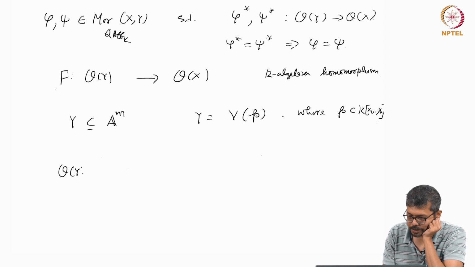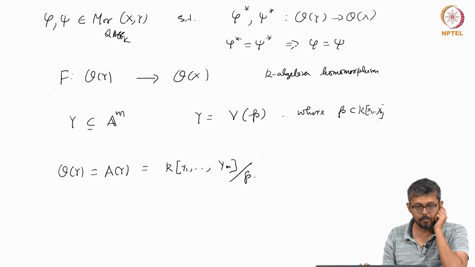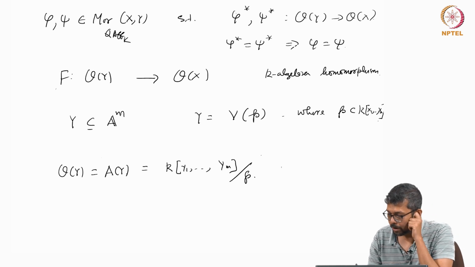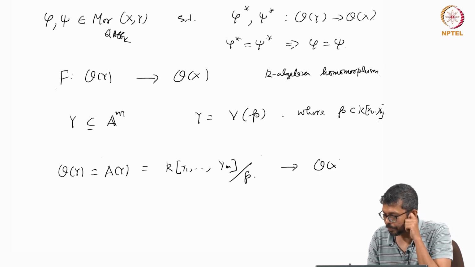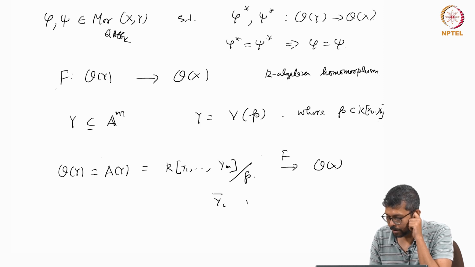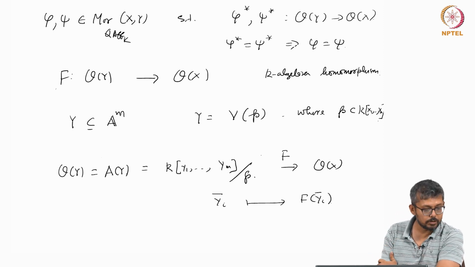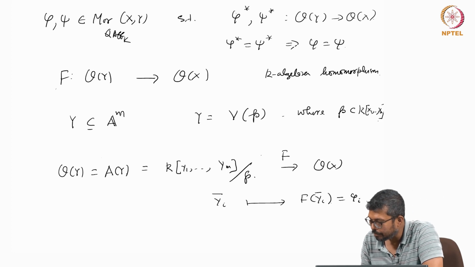So O_Y is nothing but K[Y], the coordinate ring, which is K[y1, y2, ..., ym] modulo some prime ideal. Now from O_Y to O_X there is a K-algebra map. So consider this y_i bar. It goes to some regular function on X, and you call this phi_i.